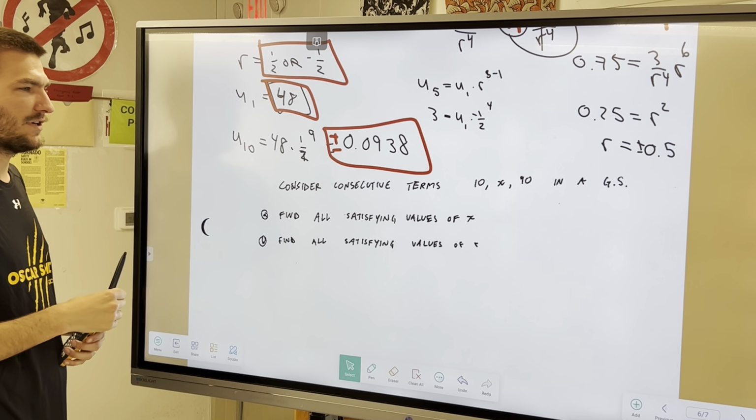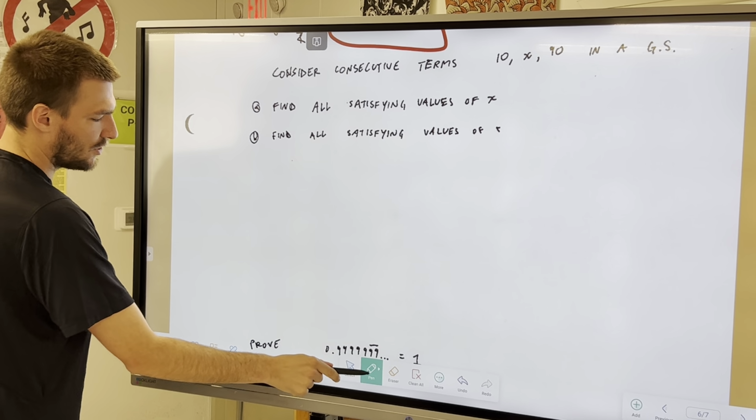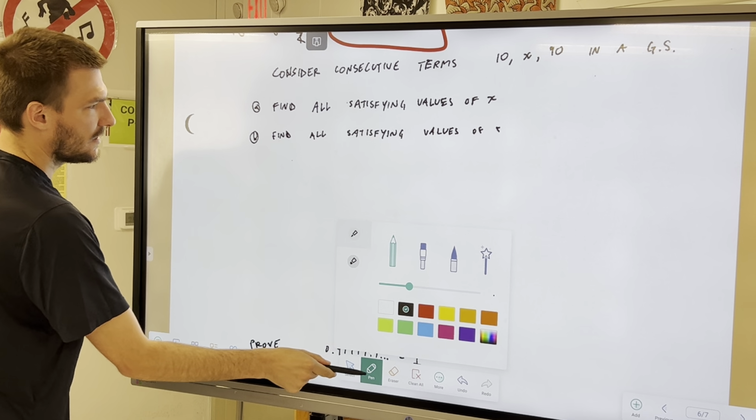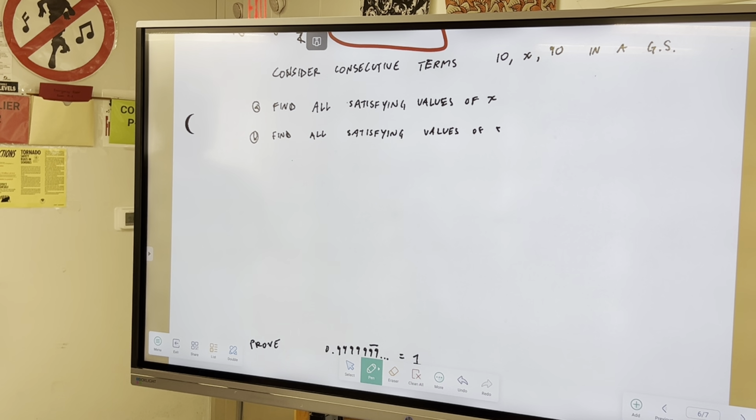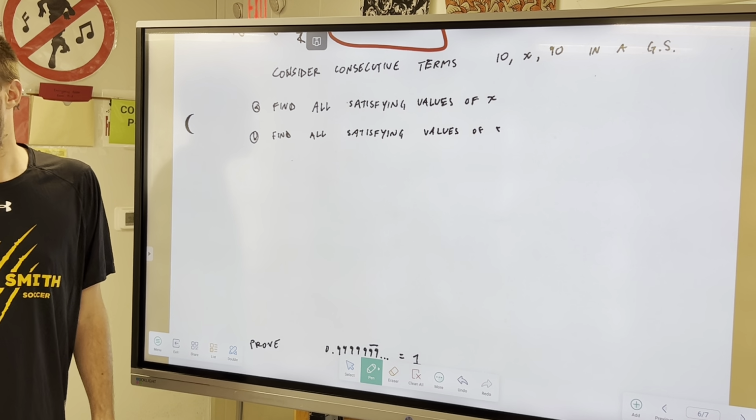All right, just like yesterday, they can ask you a funky IB-only consecutive terms question. It says the consecutive terms of 10, x, 90 are in a geometric sequence. Find all values of x, find all values of r.